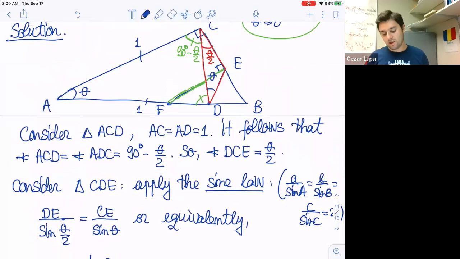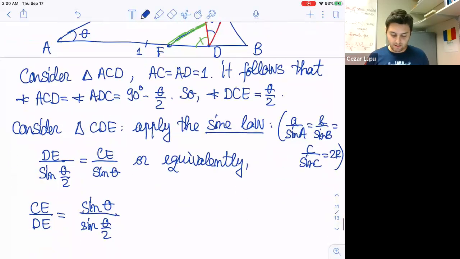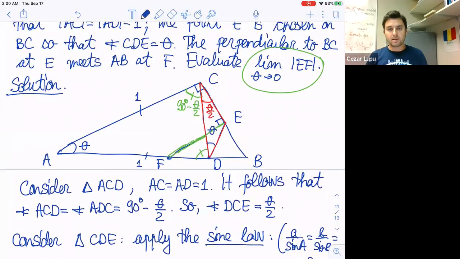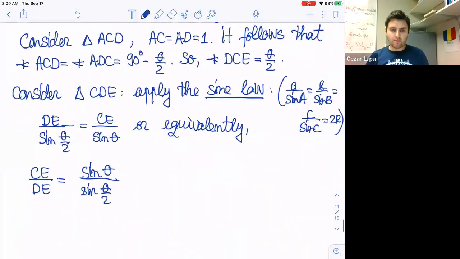Well, we're still not at EF. I'm trying to get something about that, but we'll get there. Now, the question is, can we say something? Keep in mind that we're interested in this guy here, the limit as theta approaches 0 of the side length of the segment EF. We need to evaluate that. Okay, till then, can we get some information about the limit of this guy? Well, let's see.